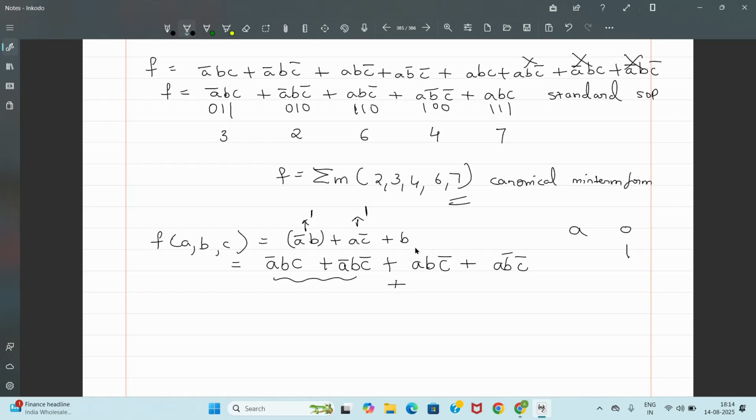Next one is continue. The third term has two missing variables. If you have two variables, you have four possible combinations, right? Correct? So 4 possible combinations are there, which means your output will be having 4 terms. I'll write B 4 times and then include the missing terms there based upon the combination. So first combination is 0 0, which means, since A and C are missing, 0 0 means A bar, C bar.